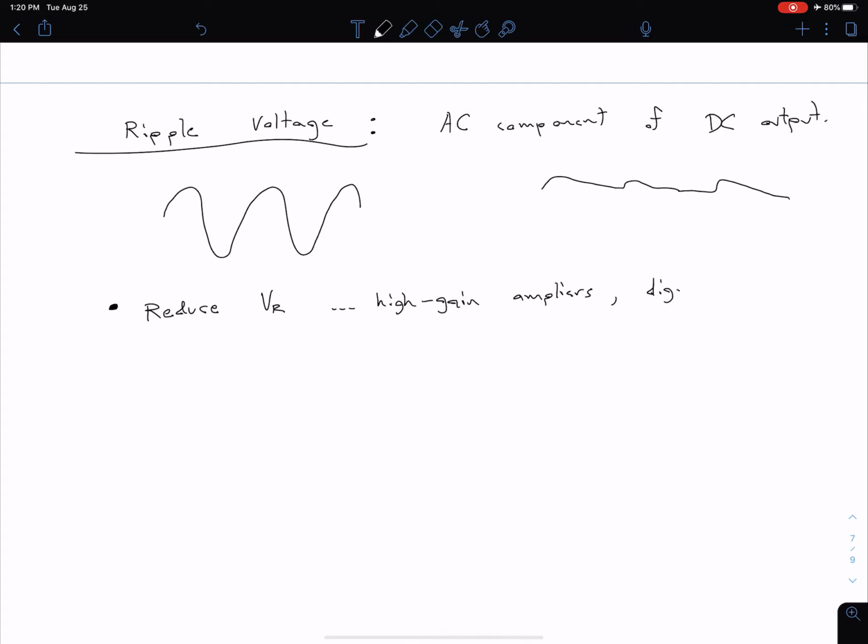Another place where we typically want to minimize or get rid of this as much as possible is digital circuitry, because depending on the circuit, we're talking about relatively small margins between a 1 and a 0, for instance. So we want to be certain that this information is a 1, this information is a 0. We don't want it to be varying somewhere between those two values.